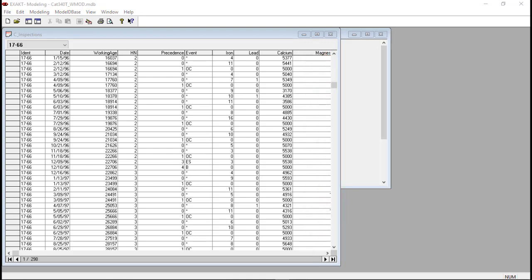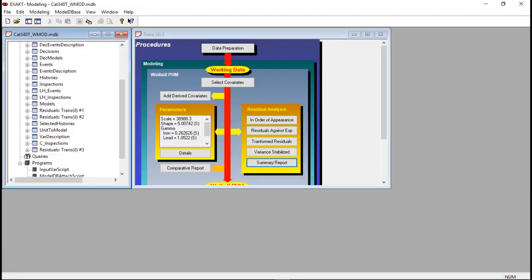It will incrementally build a probabilistic model or equation relating the object part's age and monitored condition data to its probability of failure or hazard H. The proportional hazard analysis result displays in a report.